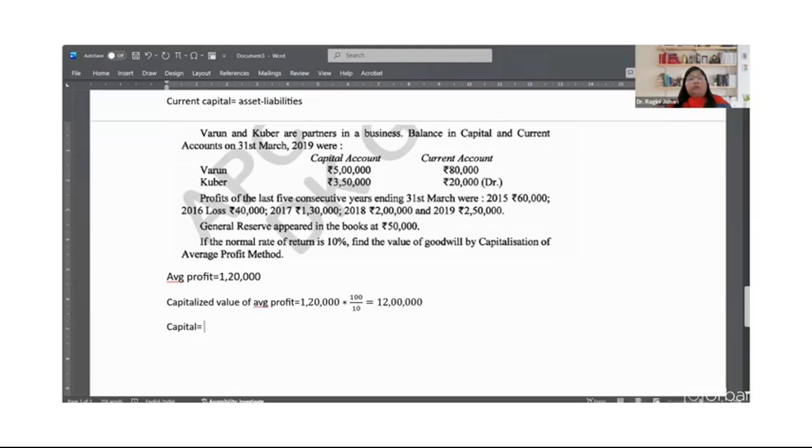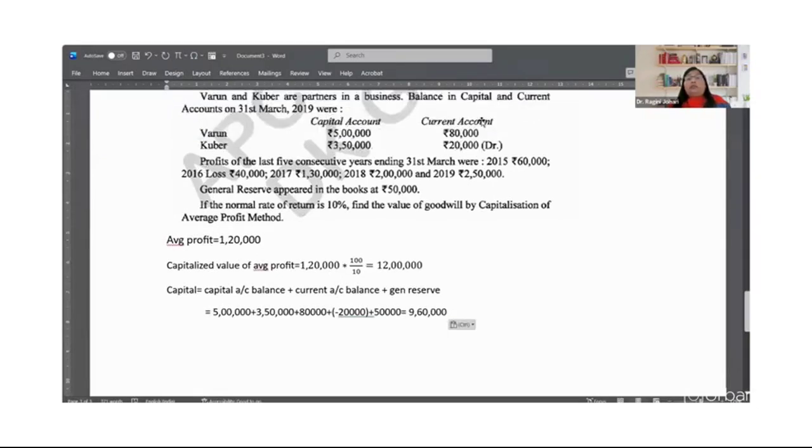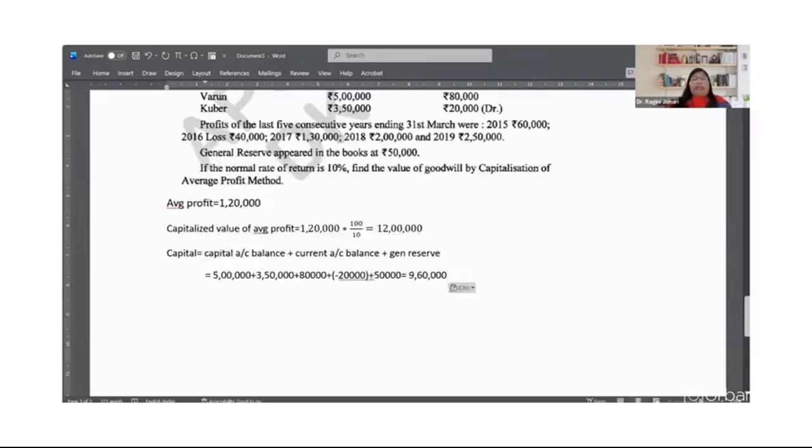So now this is 5 lakh plus 3,50,000 plus 80,000. And in case of Kuber, the current account has a debit balance, so that will be subtracted, and then the reserve is 50,000. So the total comes here to 9,60,000.